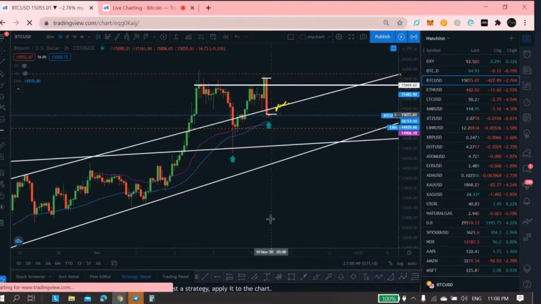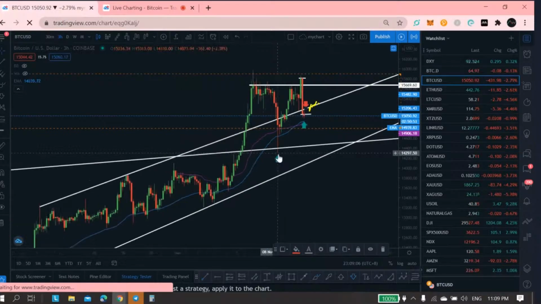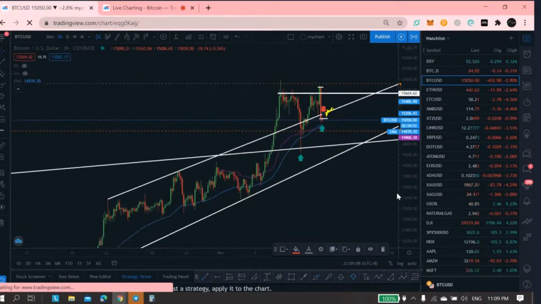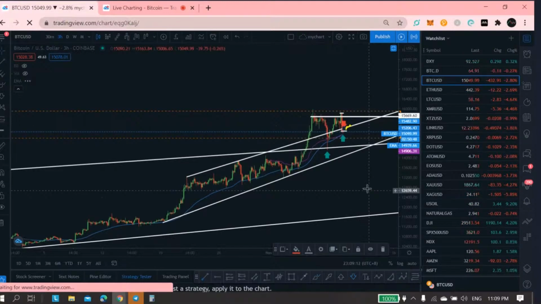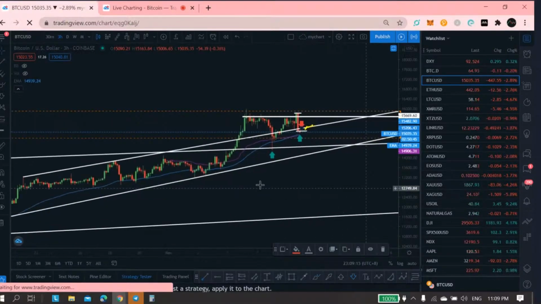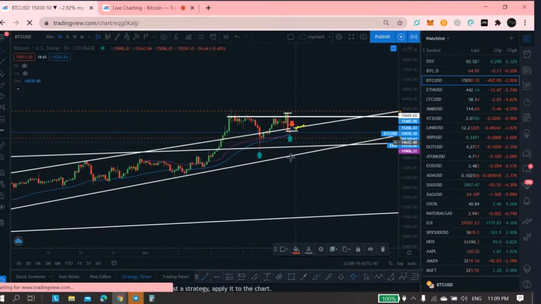Else, if it fails, then possibly, of course, it will continue to trade within this area, as low as 14,000, because this is the support of the uptrend channel.